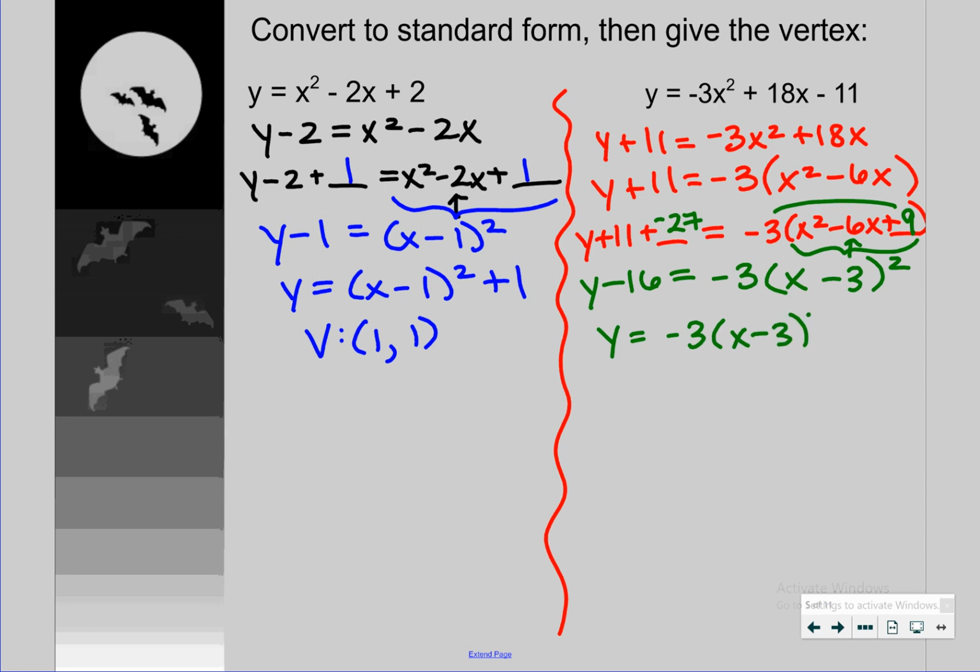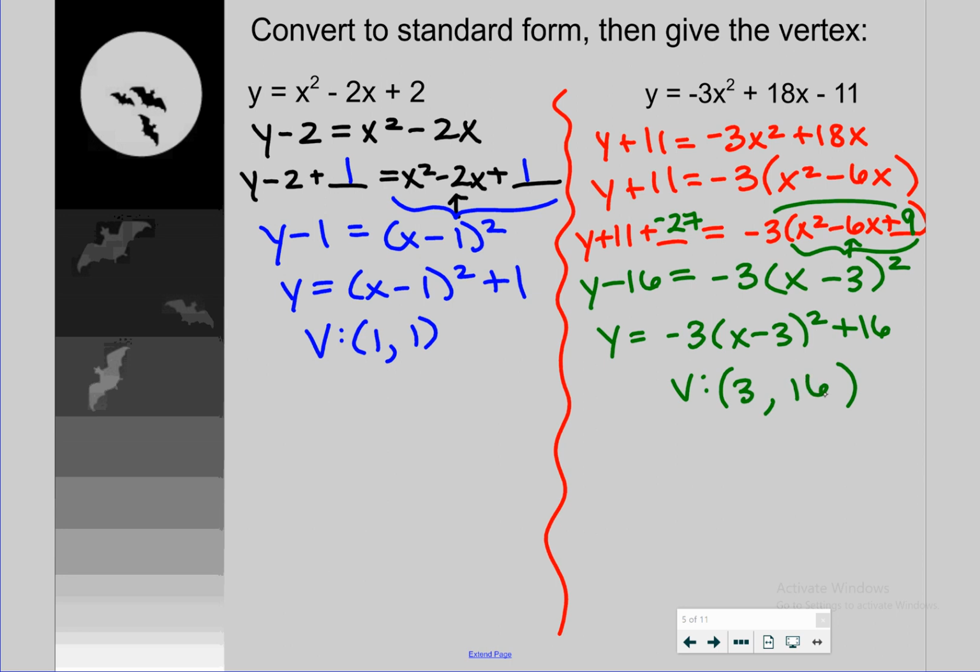X minus 3 squared plus 16. Can you tell me the vertex? What is the vertex? +3, perfect. +16. Any questions?